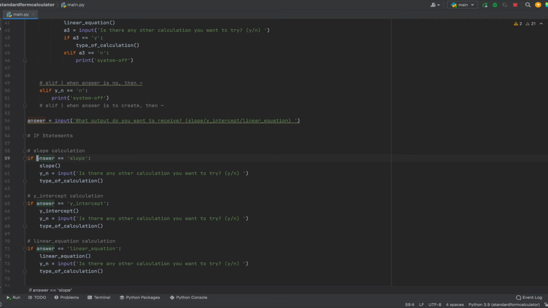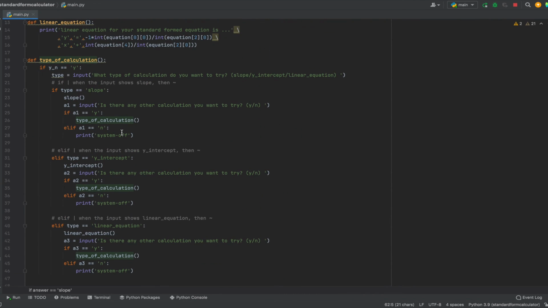First, if the answer equals slope, which means the answer to the question here, what output do you want to receive, either slope, y-intercept, or linear equation, is slope, I'm defining the slope, or hosting the slope, and asking an additional question, which is, is there any other calculation you want to try based on the same standard form equation that you inserted before? And based on the answer to the question, I'm again hosting the type of calculation, which I defined previously here.